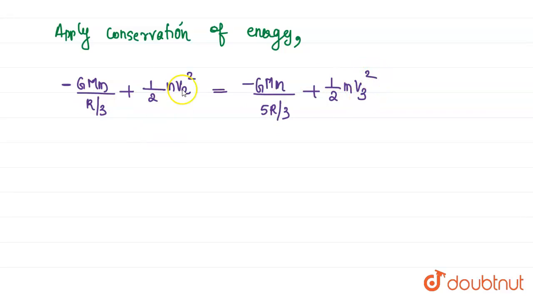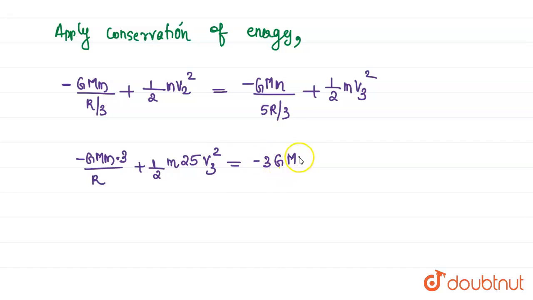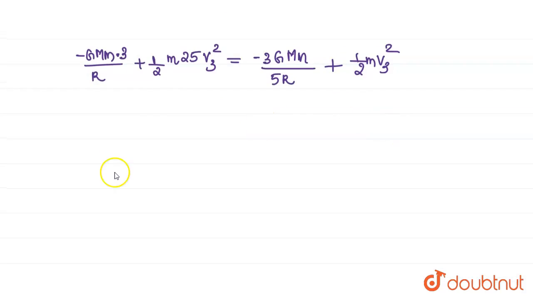Now we can substitute the value of v2, which is 5v3. So minus GM by r, putting the 3 in the numerator, plus 1 by 2 m into v2 square, which is 25 v3 square, equal to, putting 3 in the numerator, minus GMm by 5r plus 1 by 2 m v3 square. Now we can solve this equation for v3.